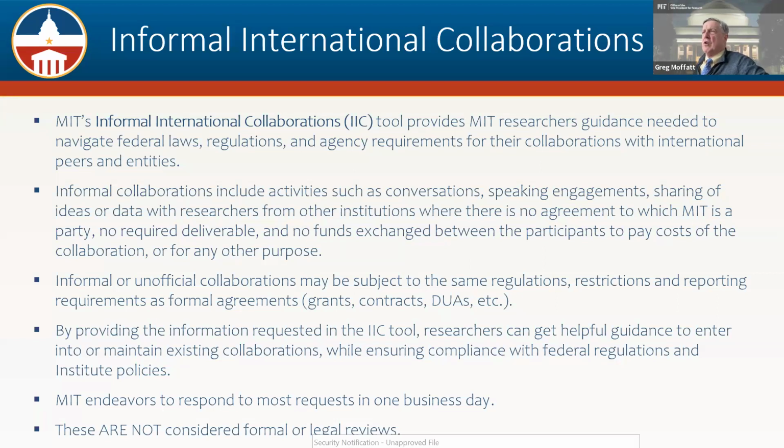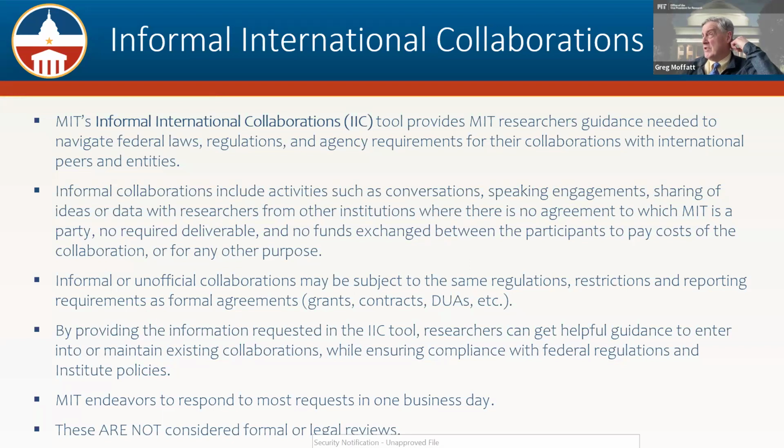It's basically to help the individual researchers in their informal collaborations to navigate the laws, regulations, and other agency requirements that may apply to that collaboration, even though it's not under the MIT umbrella. If it were a formal collaboration, we have other processes at the Institute that would address these and other questions. It then goes through and says, these are the types of things that might constitute an informal collaboration with some international partners: speaking engagements, maybe co-authoring an article, or simply sharing ideas and data.